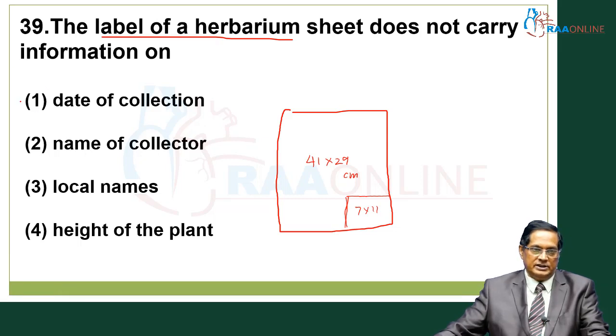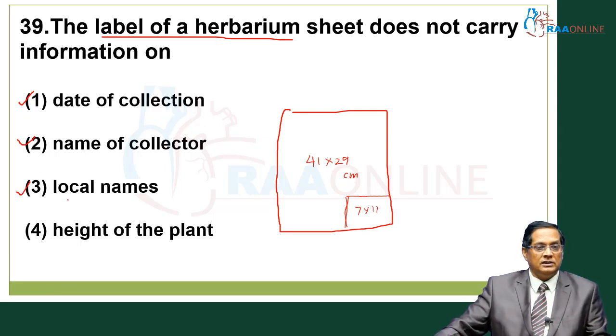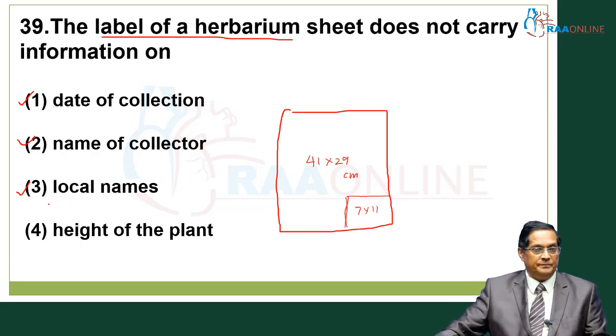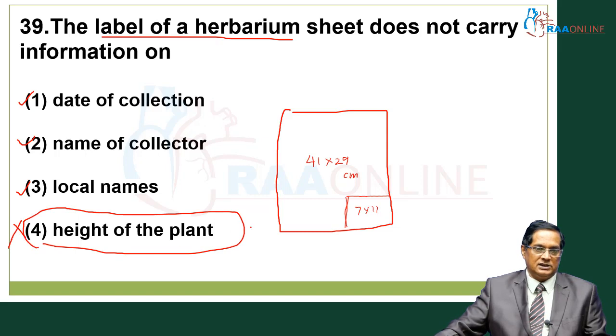Date of collection, yes. Name of collector, yes. Local name, yes. Scientific name, local name as well as scientific name. But the height is not part of that particular list. That's why this is wrong. Again the negative is asked, so underline the key features, then answer.